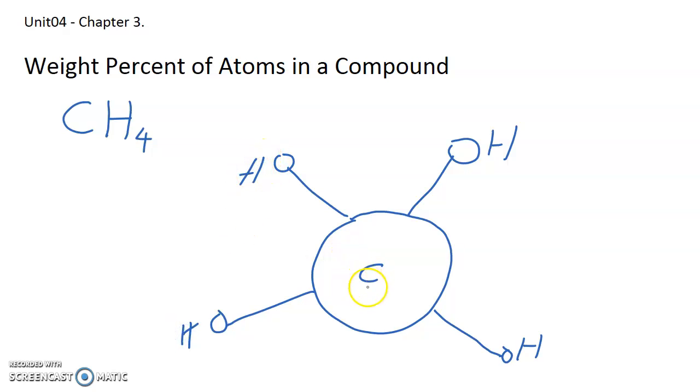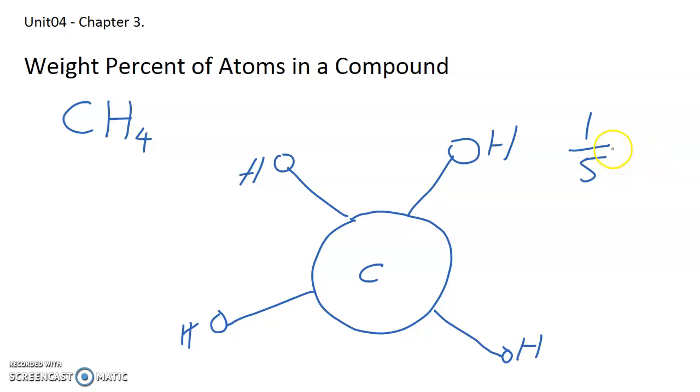If just by the numbers, what percentage of carbon will be in this molecule? I only have 1 carbon, but the total number of atoms is 1, 2, 3, 4, 5.